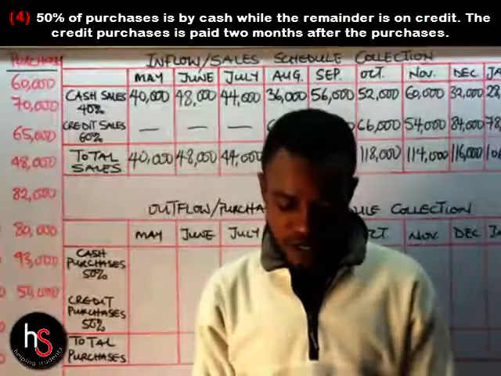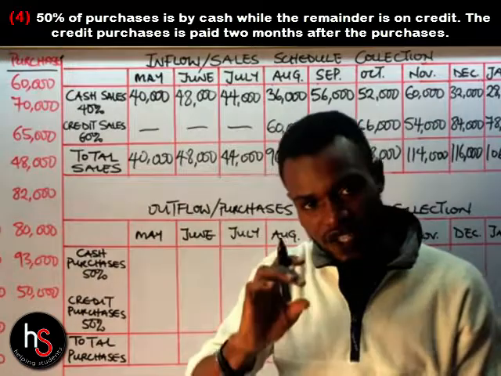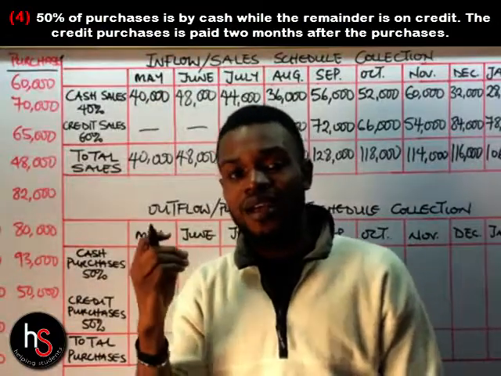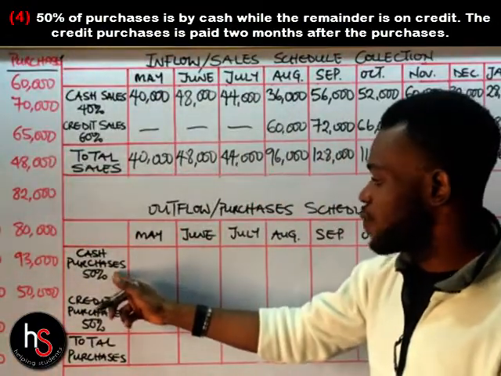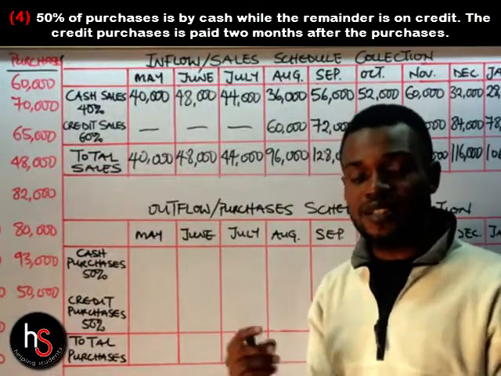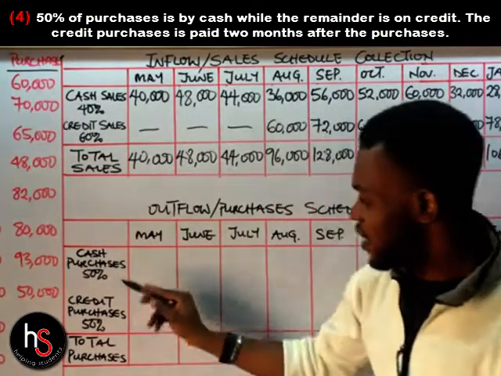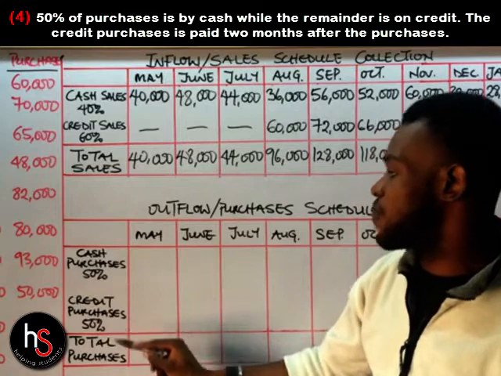The credit purchases is paid 2 months after the purchases. So let us treat the first one, which is the cash purchases, and we are told it's 50%. If 50% is the cash purchases, it simply means that the remainder is 50%. That is why we have 50% here and 50%.